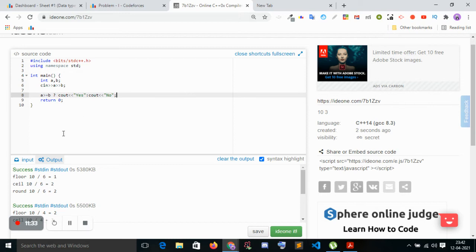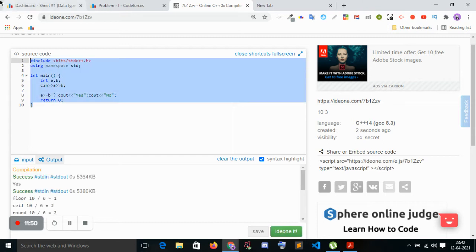Okay, so this should be correct. 10 6, yes, it's coming. If I give 10 10, even then it is correct. So it's a very easy problem.